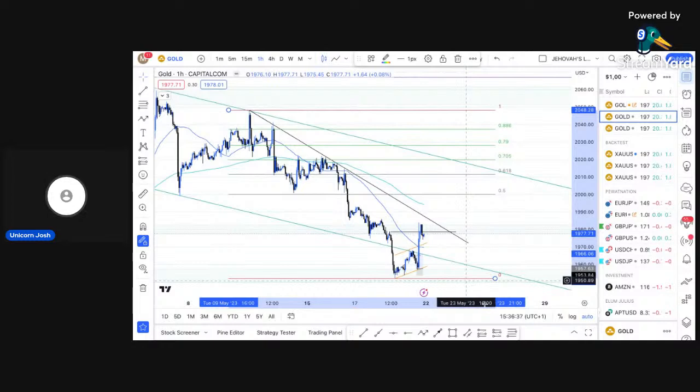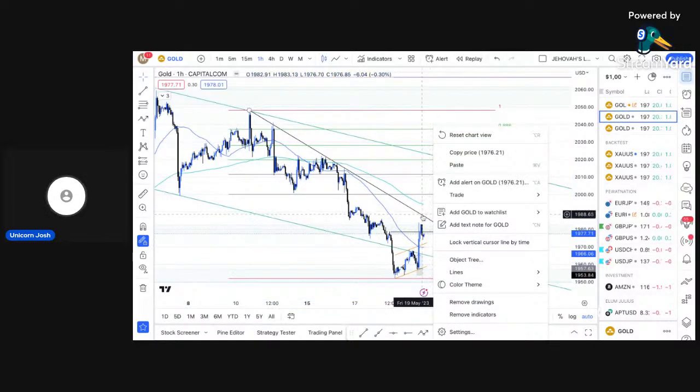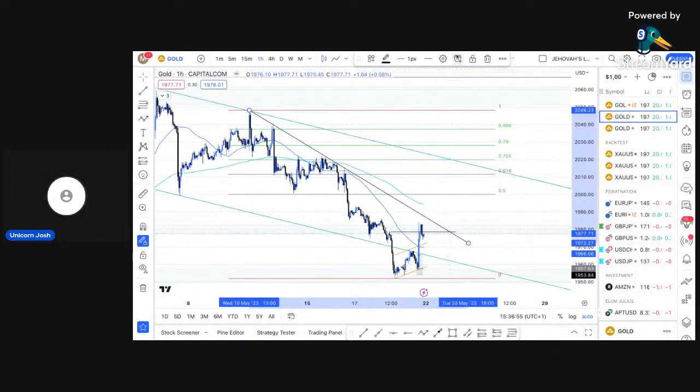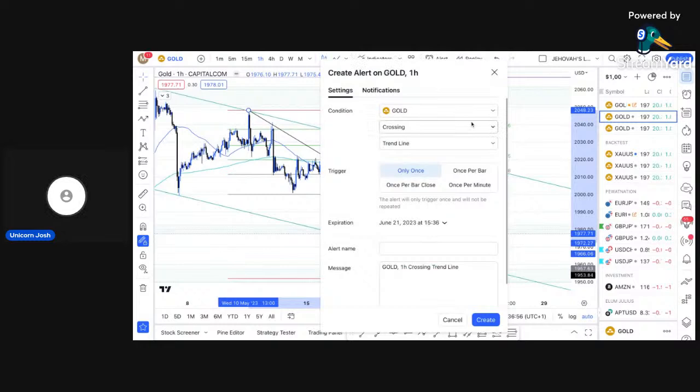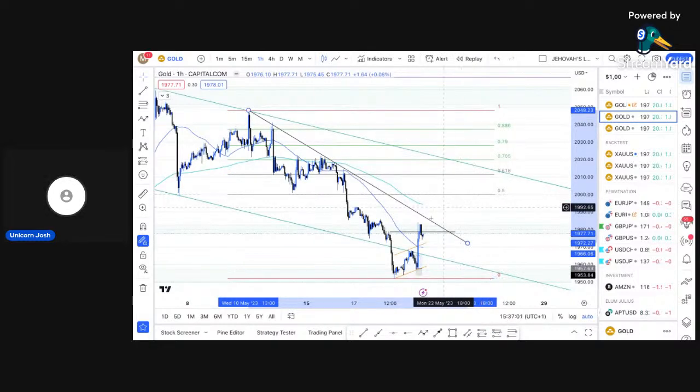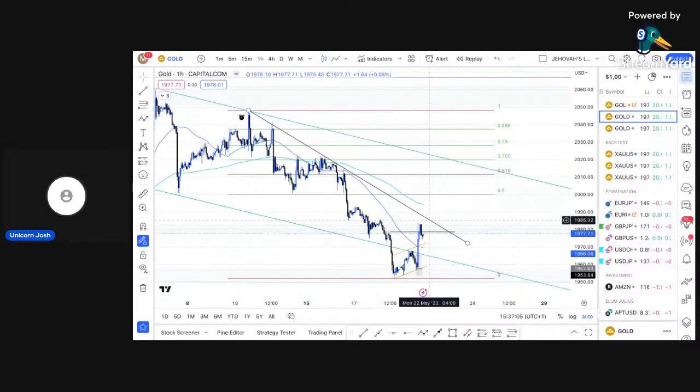Now, how do you want to leverage that? The price could play around here. This is a whole day, so it will probably move before the end of this day. So let's watch out and see what happens. We're going to set our alert on this trend line so that when it gets crossed, we are alerted and we can take advantage of the move on a lower time frame.